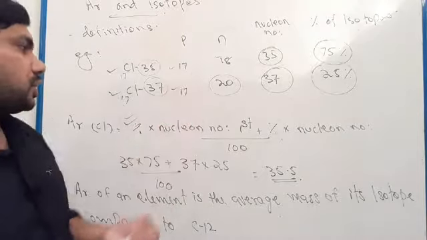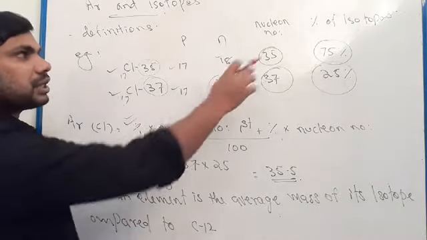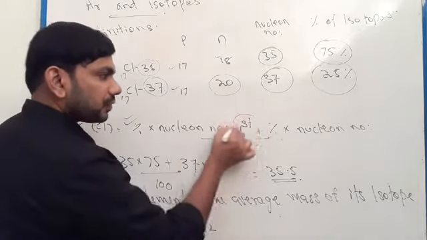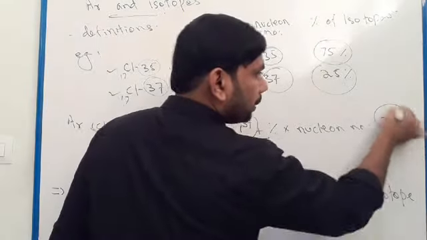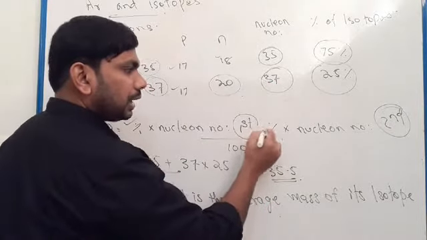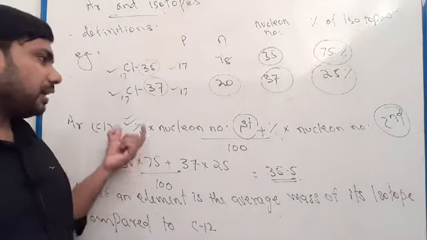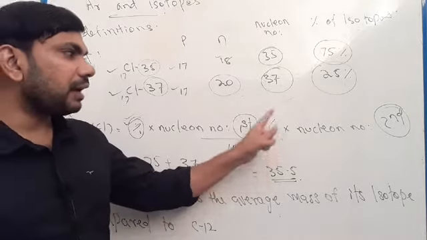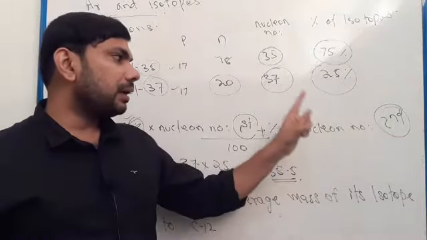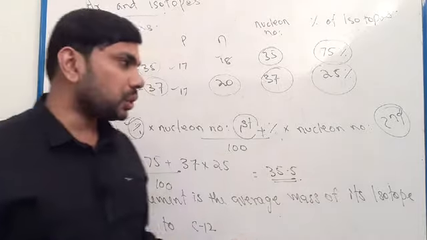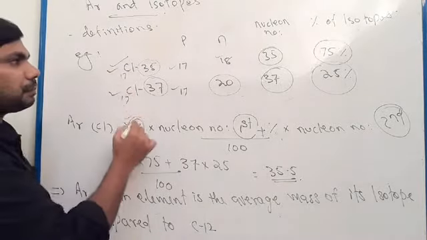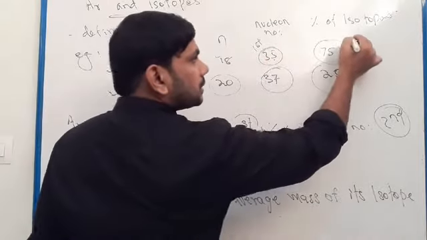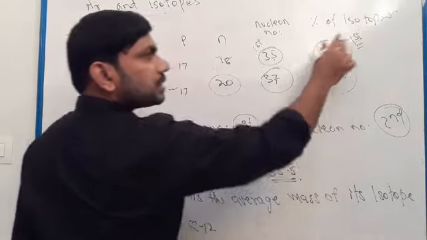With two isotopes, you add the percentage of availability of the first isotope times its nucleon number, plus the percentage of availability of the second isotope times its nucleon number.